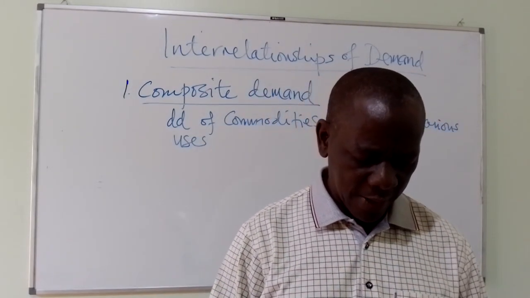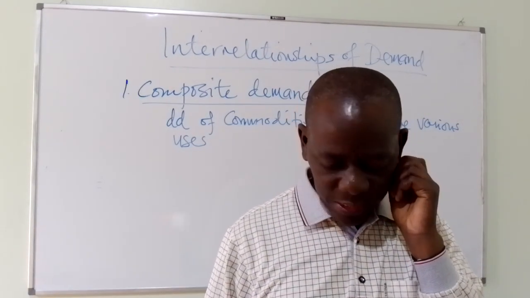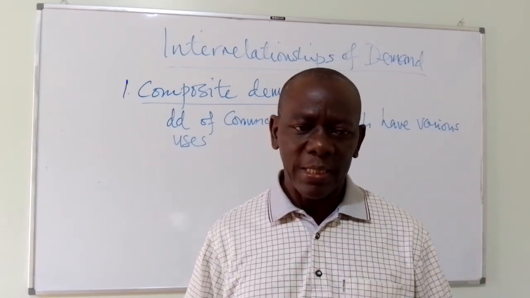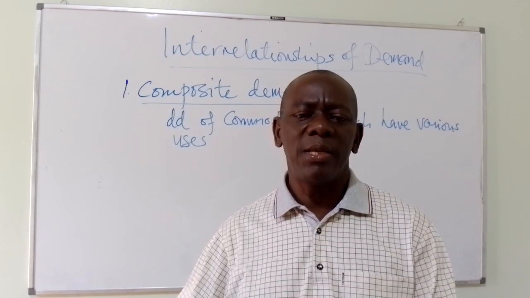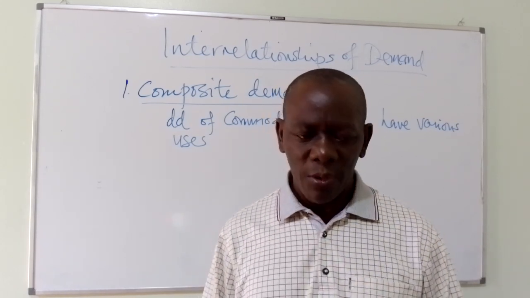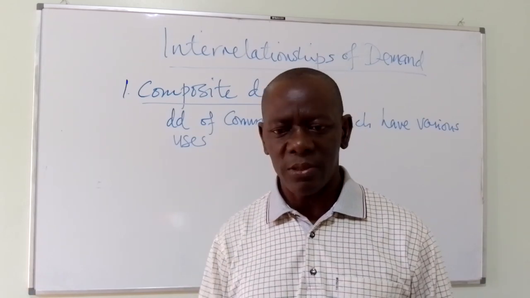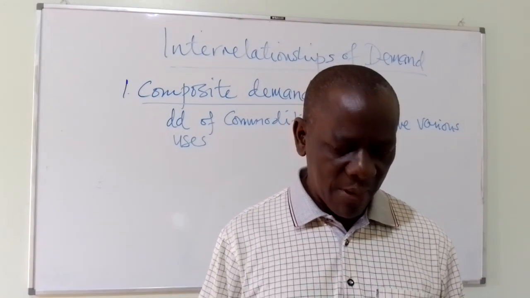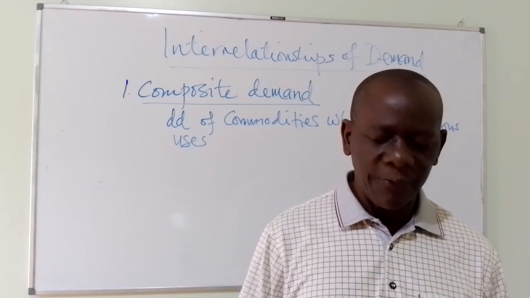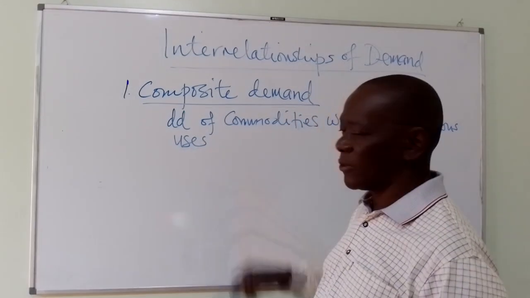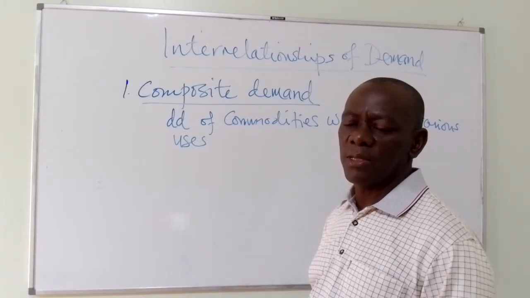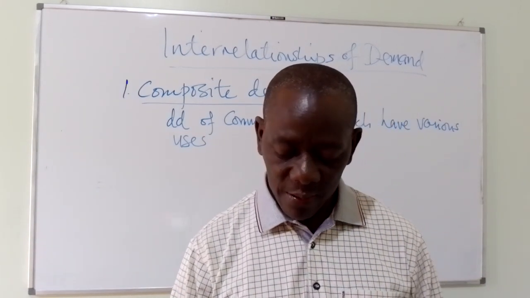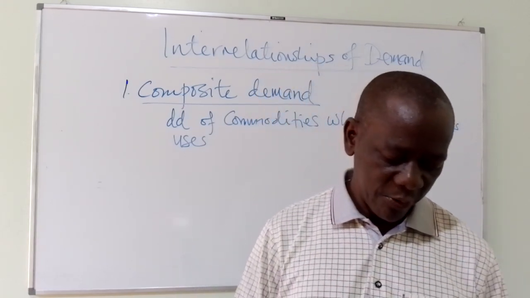Most of the materials that are used in especially production, even in consumption, you have various commodities that can be used with various items. It's one commodity but has many uses. We call that one composite demand. And that means that when you are demanding this commodity, you are not demanding it for only one purpose. You are demanding the commodity because it has various uses and or purposes.